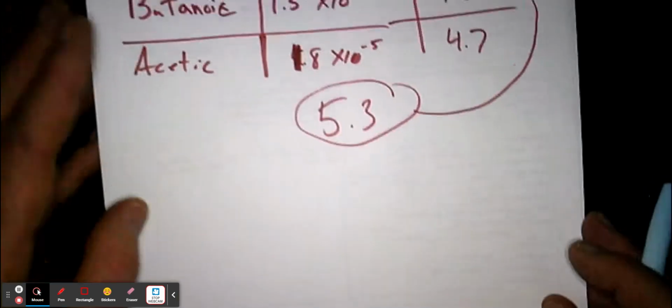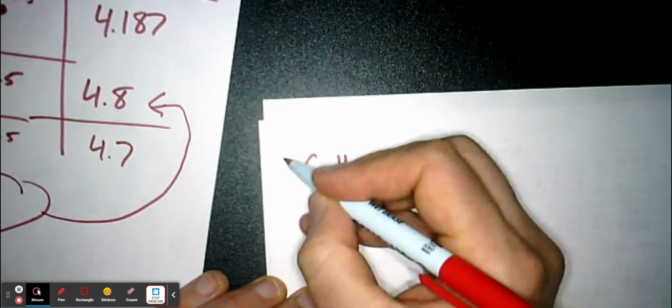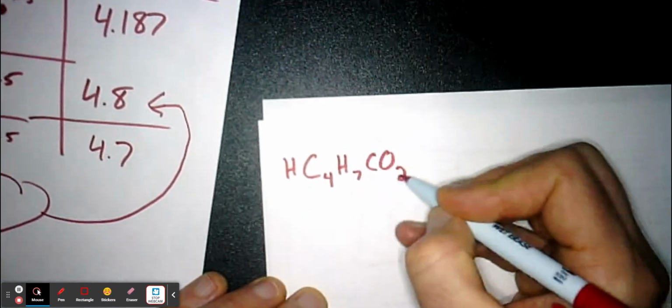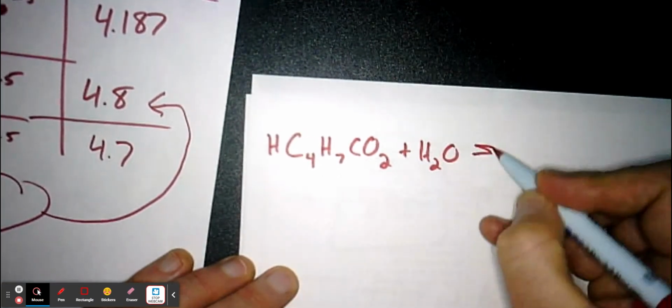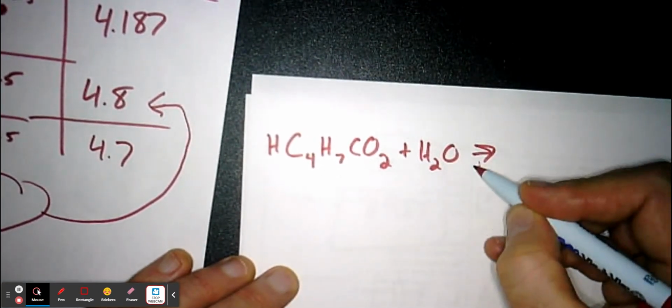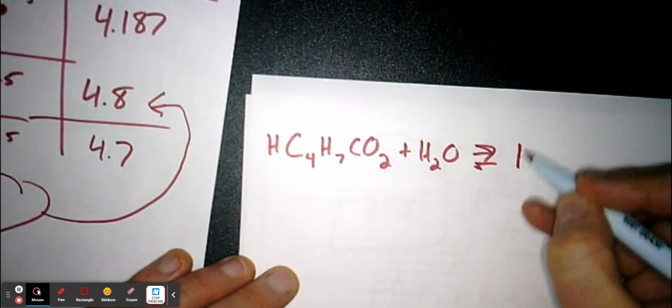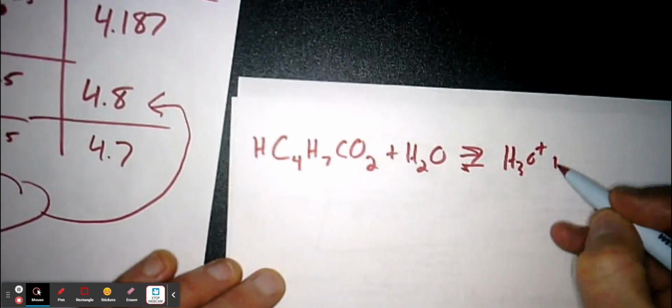So butanoic is C4H7CO2H. I should look this up. All right. That plus water is the conjugate base plus H3O plus.